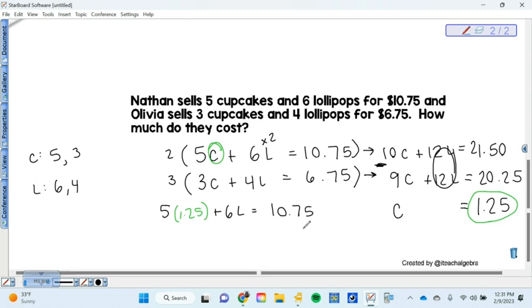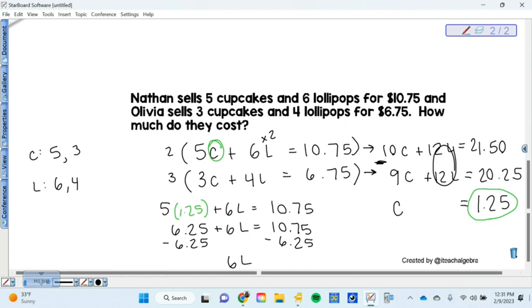What do I need to do first? 5 times 125. What's 5 times 125? 625. So 625 plus 6L equals 1075. Now what? Minus 625 on each side. And 1075 minus 625 is 450, so 6 lollipops equals 450.